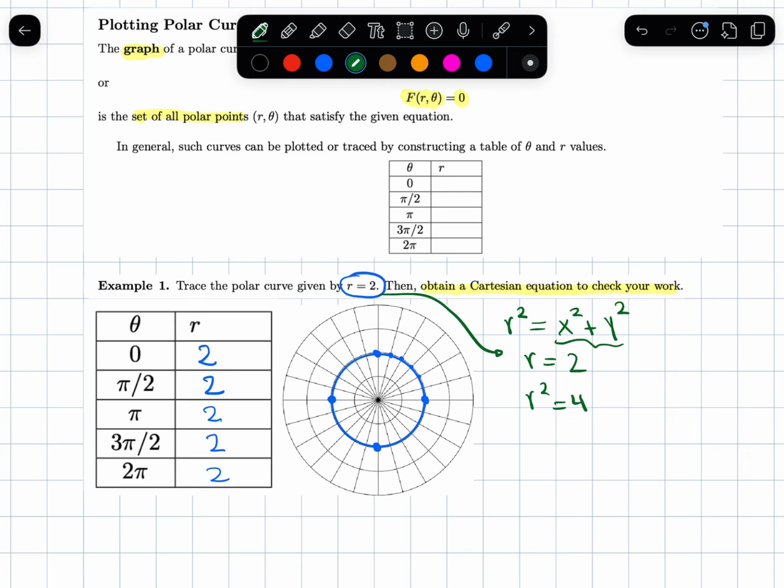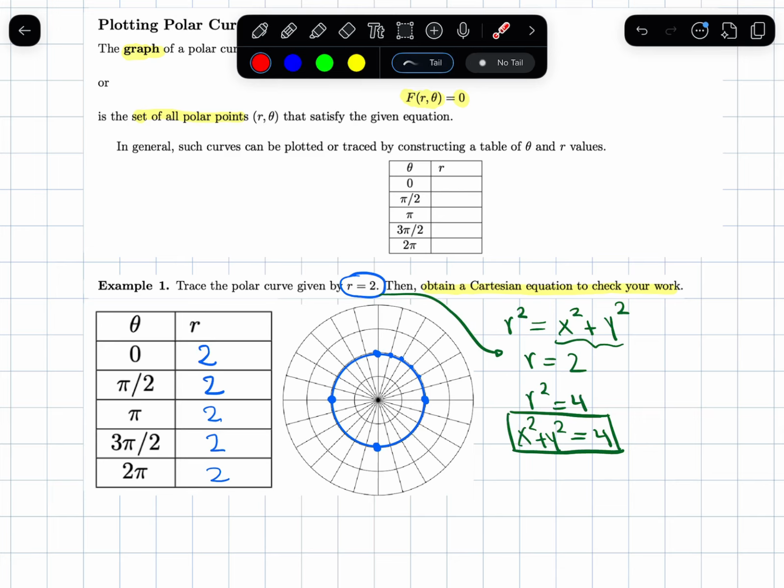And then remembering that r squared is x squared plus y squared, x squared plus y squared is 4. So this exactly confirms what I just found, which is that this is a circle centered at the origin, or at the pole, with radius 2. So all of that makes sense so far.